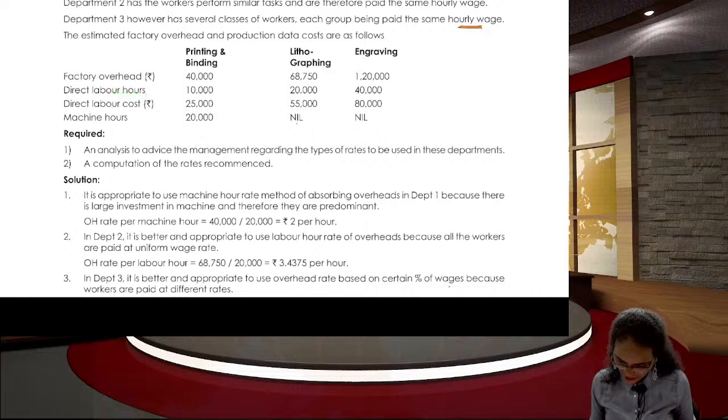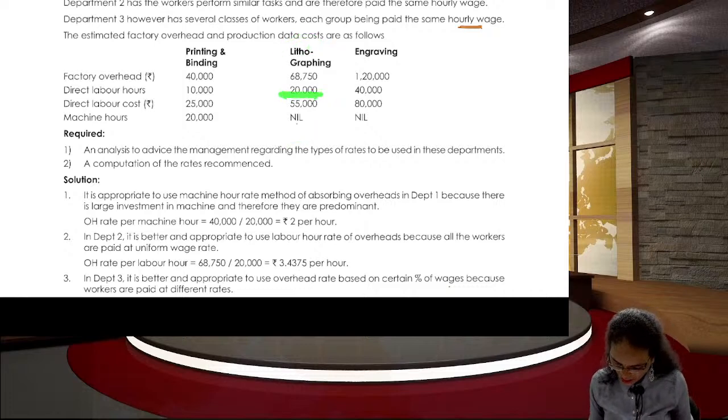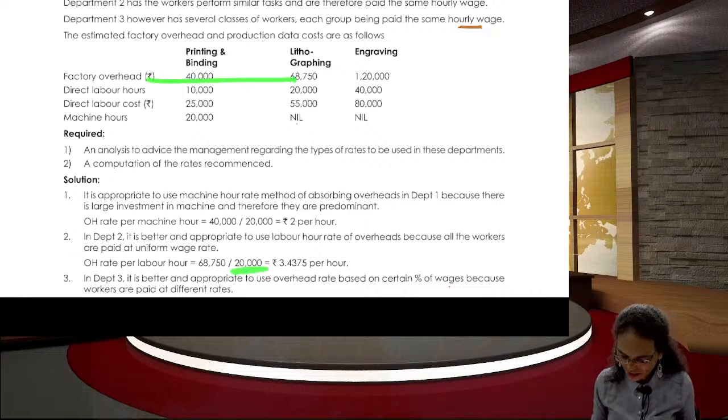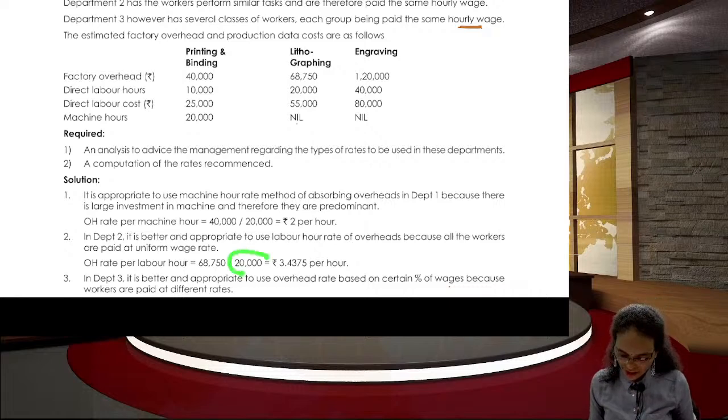The number of labor hours for the second department is 20,000, and the overhead expenditure is 68,750. So 68,750 divided by 20,000 labor hours, because every employee is getting paid equally. That is the reason we are taking the number of labor hours. So you will get the rate per labor hour.